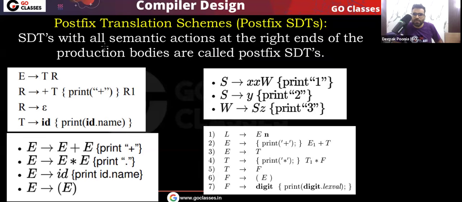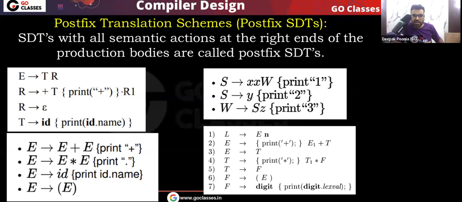It means the semantic actions cannot be placed between the production body. They must be placed at the right end of the production body.